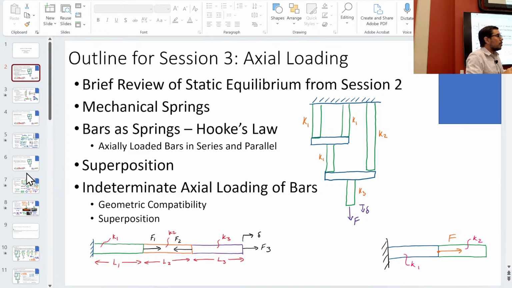The general approach for forces up to this point in your studies through statics is to first take a look at what the equilibrium is externally, and then use method of sections, most likely, unless it's a truss and you want to use method of joints. But usually we use method of sections, and that's when we do the cutting. And we spend a lot of time talking about what the conventions are when you take a cut, if it's a beam, a bar, a shaft, or a truss. You can take a slice there as well.